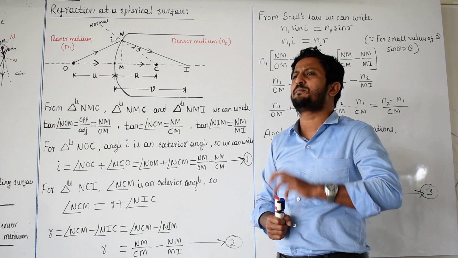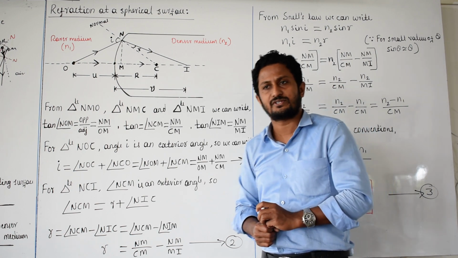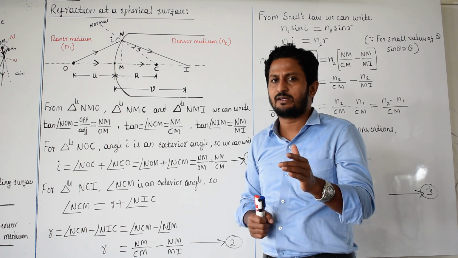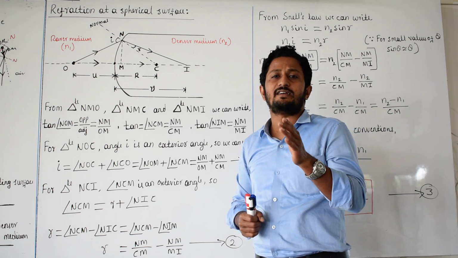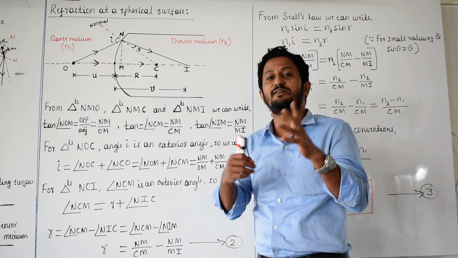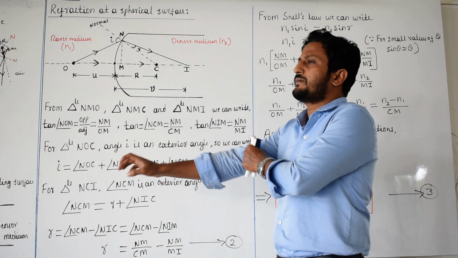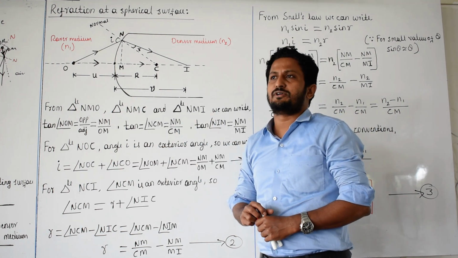It is a very important derivation and equation, which is going to relate the object distance, image distance, and the refractive index of the medium. See here, it's a 5 mark, very important derivation.